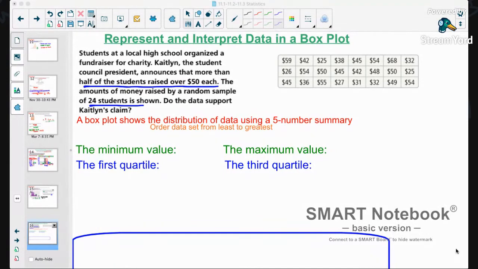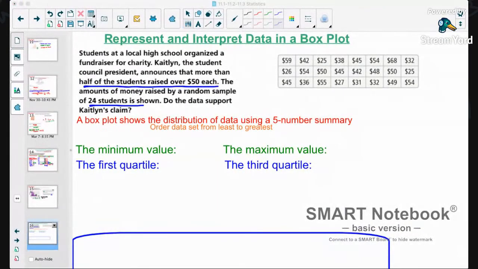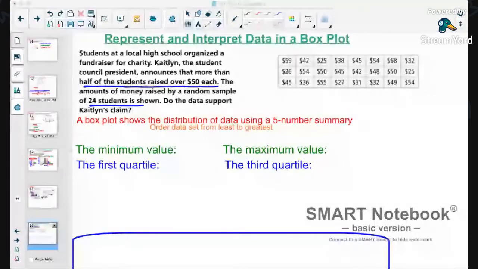I'm going to order it for you. Just a second. So to be able to order this, I am going to use this, here we go.